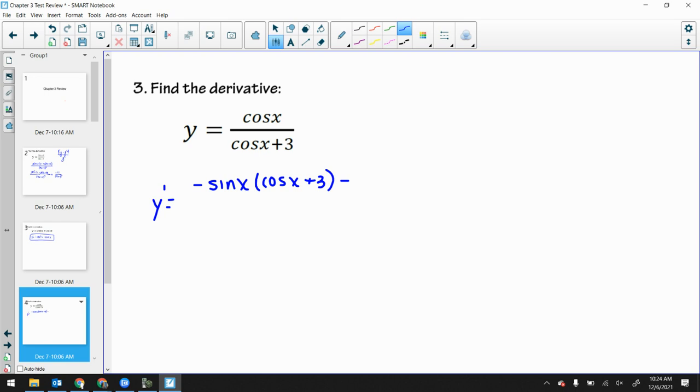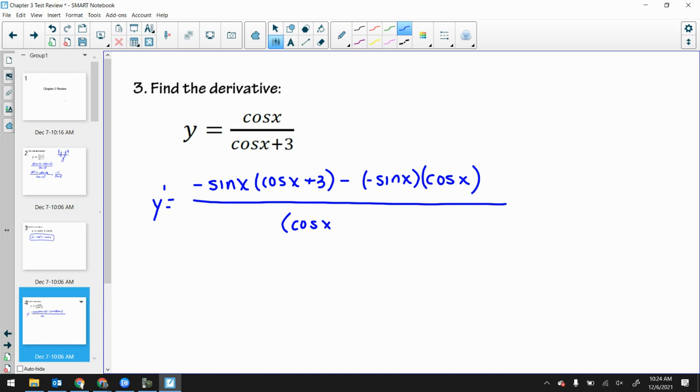Now remember, the derivative of cosine x plus 3 is just, see what happens with the plus 3? That goes away. That doesn't stay a 3. So it's really just negative sine again, times the original numerator. F prime g minus g prime f, all over g squared. Cosine x plus 3 squared.